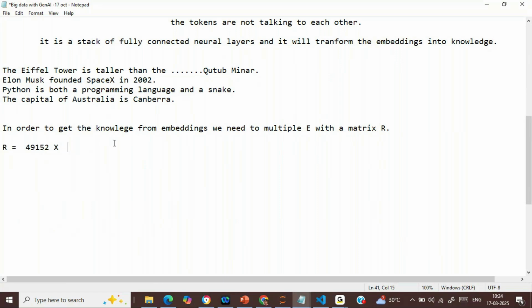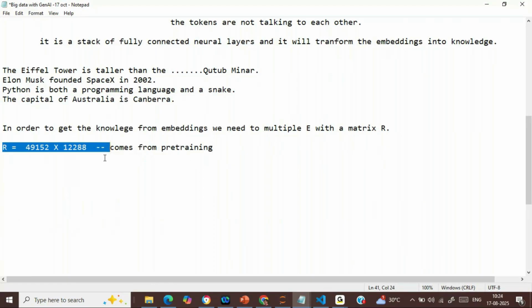And from where do we get this matrix? It comes from the pre-training phase only. This particular matrix is coming from the pre-training phase only.